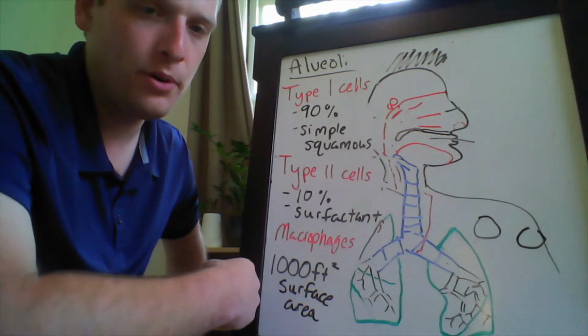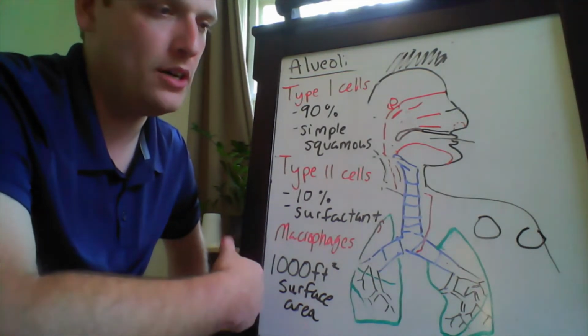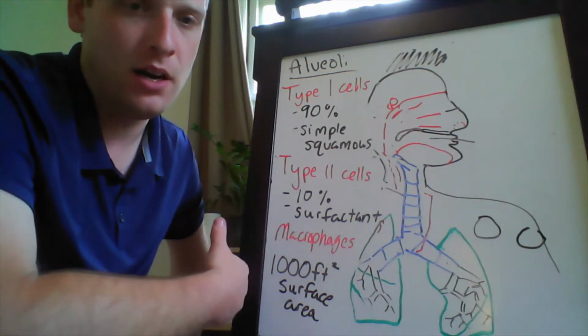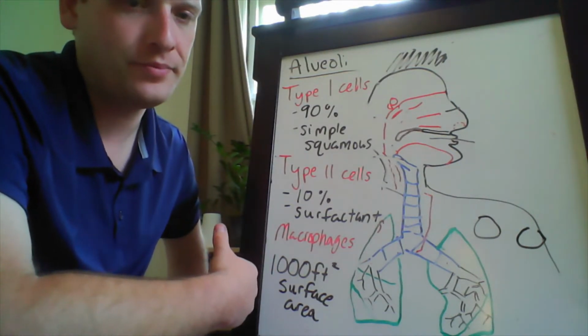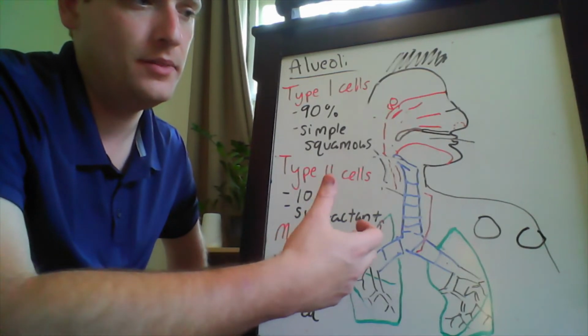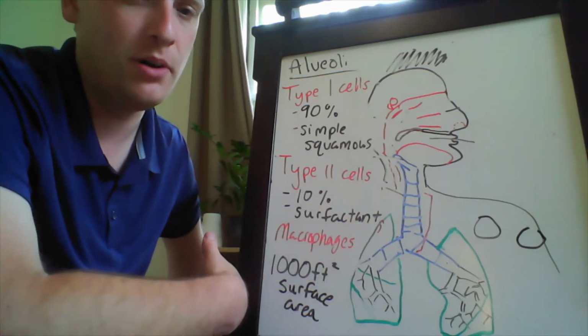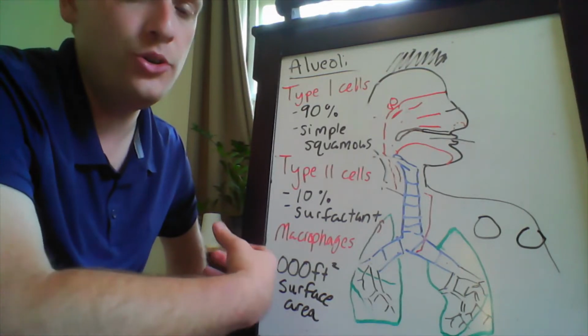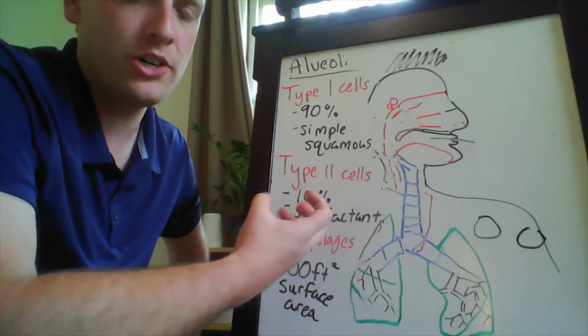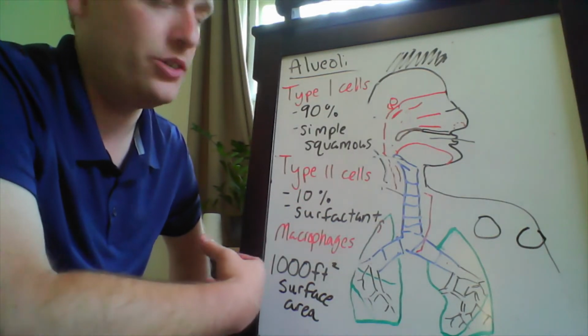You might remember from A&P 1, we talked about how water molecules have these hydrogen bonds with one another. Water molecules tend to want to attach to one another with these hydrogen bonds. And in doing so, they can actually pull structures that they're attached to.